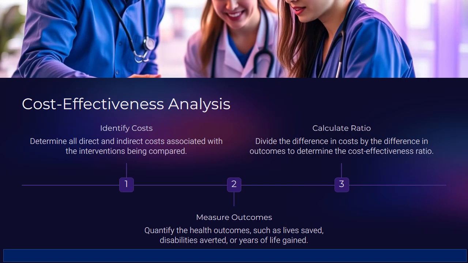You can see here on the screen cost effectiveness analysis, wherein we study identifying the costs, measuring the outcomes, and finally calculating the ratio between costs and outcomes. This is what we call the cost effectiveness ratio.